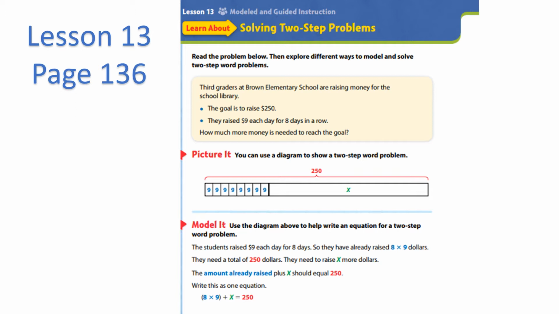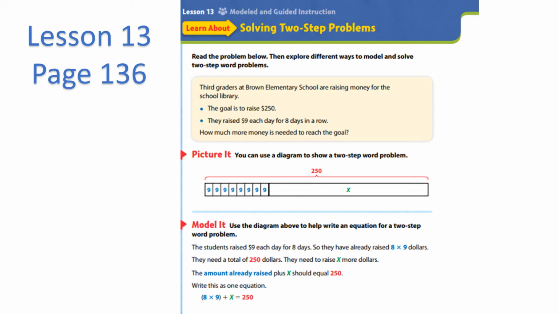So to model it, you could use the diagram above to help to write an equation for a two-step word problem. So the students raised $9 each day for 8 days. So they have already raised 8 times $9. They need a total of $250. They need to raise X more dollars. So let's remember that X is our variable. That's our unknown.